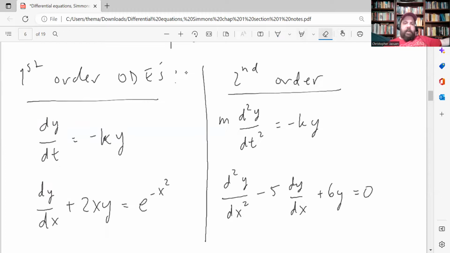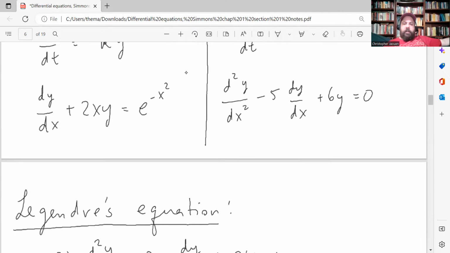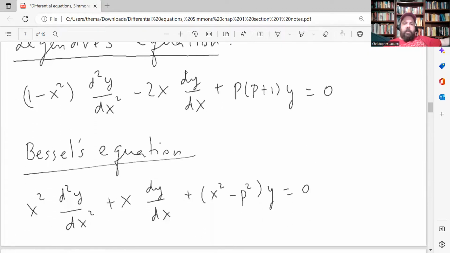And then next to it, we have some examples of second order differential equations, because the highest order of the derivative is 2, right? So second derivatives. Those are second order. And then he also gives some examples of some famous, very important differential equations right below it. These are both second order because they involve second derivatives.